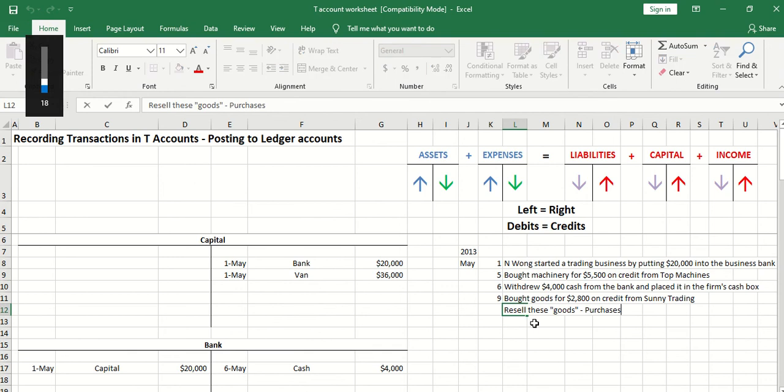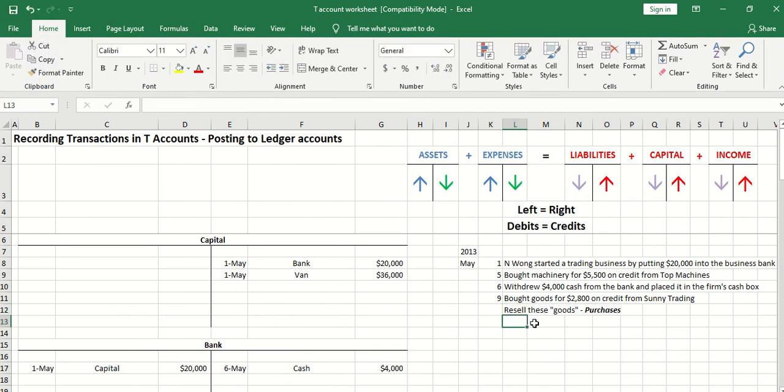You need to use the purchases account when you are going to resell goods. Purchases is an expense. And so in this case, I am buying goods, I am increasing my purchases, so I have to put it on the left-hand side. I'm increasing my expenses, I'm increasing my purchases.